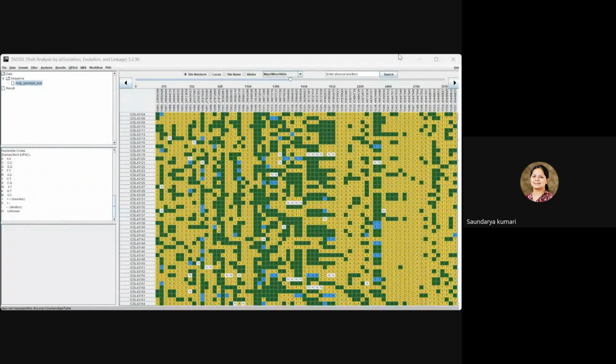So maybe due to crossing it has changed the place. That's why we are not getting that marker on the chromosome position. Is it possible or not? Okay, any other answer?